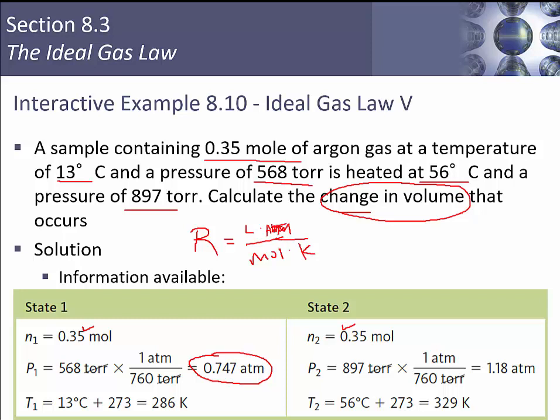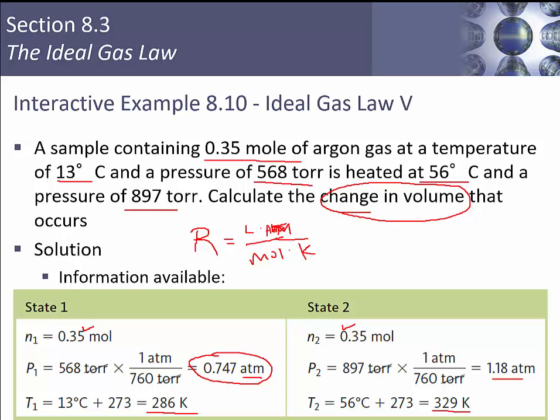So we've got to have this in atmospheres. And we've got to have this temperature, T1, in Kelvin. We've been given pressure 1. We've got a change in pressure. Here we've got a change in temperature from 286 to 329 Kelvin. So we're changing two variables at one time.